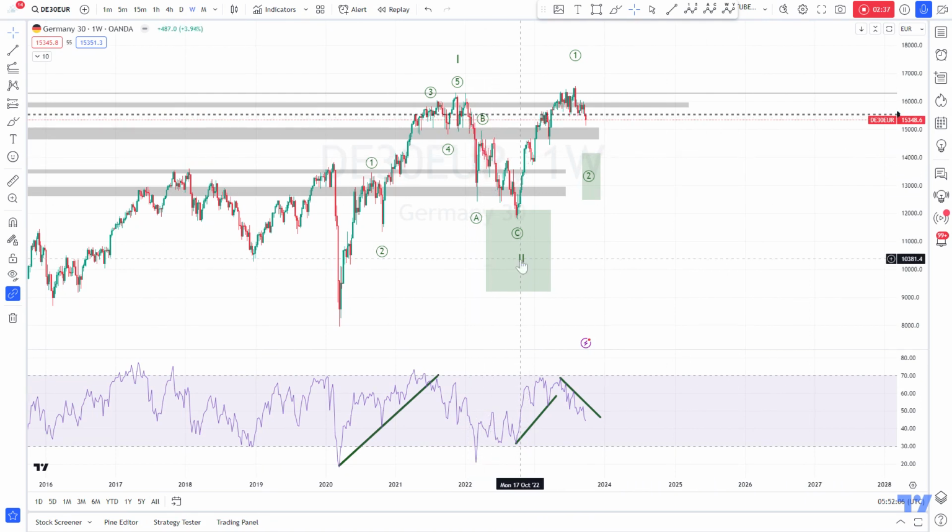we are still working on this wave 2 here actually. Then it would look like we are doing an expanded flat structure, be it as we come down here as a wave A in 3, 1, 2, 3. Then we have something corrective here, although it looks impulsive.